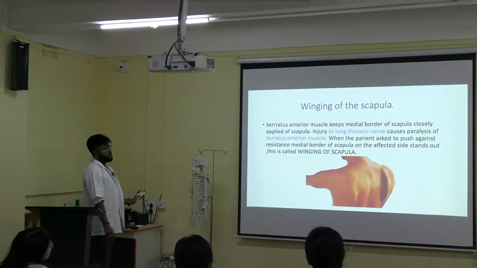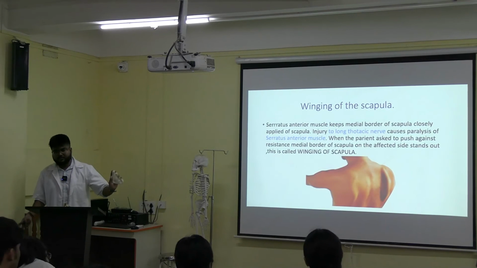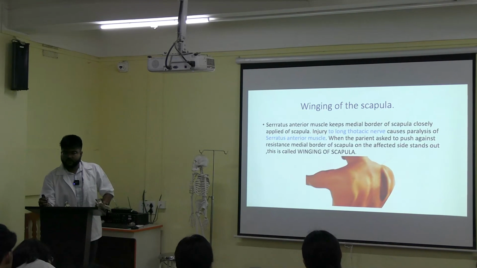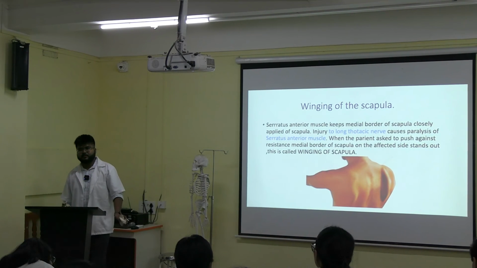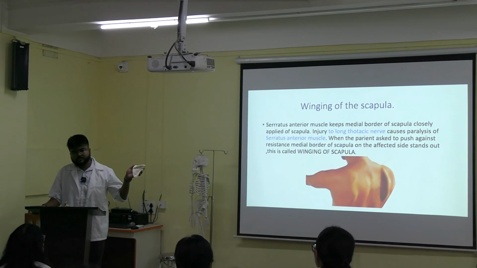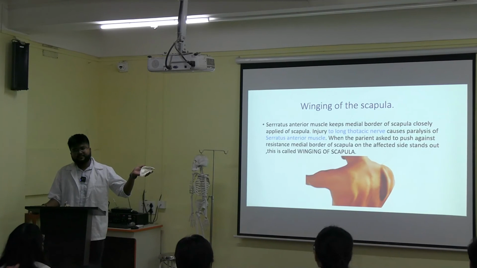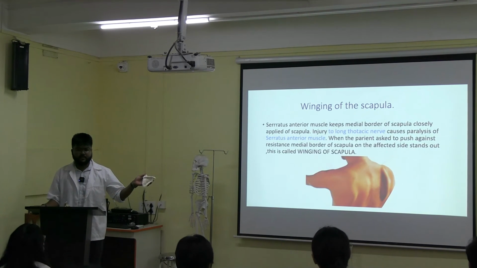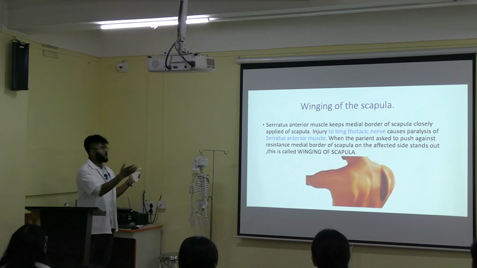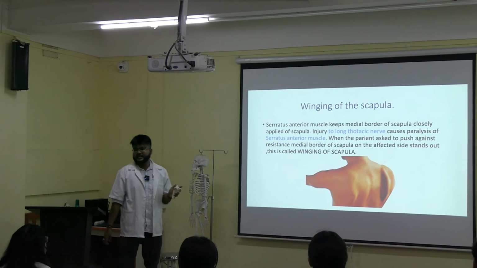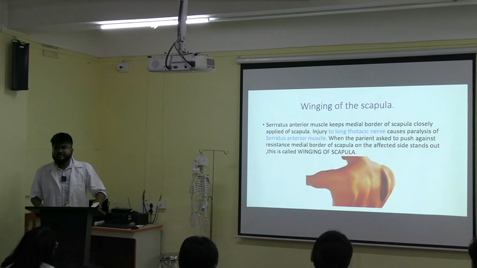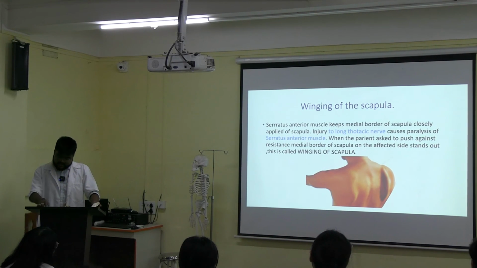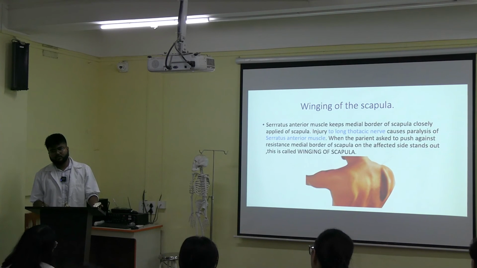Next one, very important: winging of the scapula. Winging of the scapula comes as a short note. The serratus anterior muscle is located on the anterior surface, medial border. Here the serratus anterior muscle is paralyzed by paralysis of your long thoracic nerve, because the serratus anterior muscle is supplied by the long thoracic nerve.